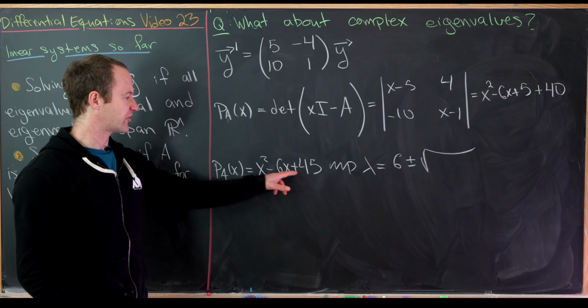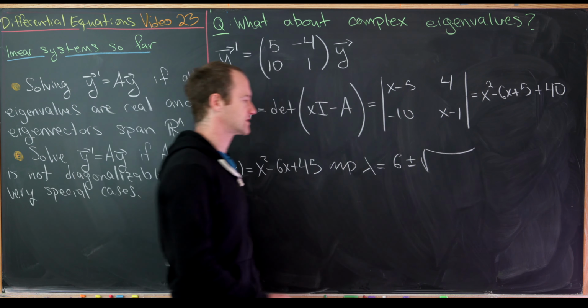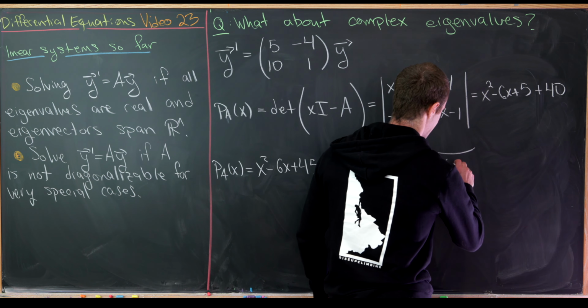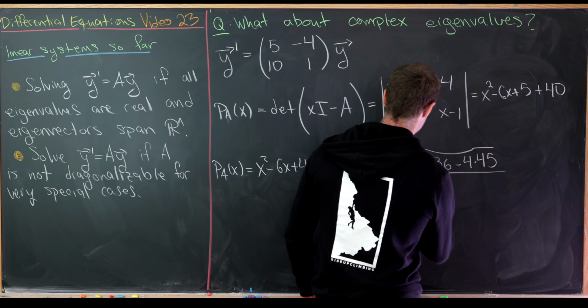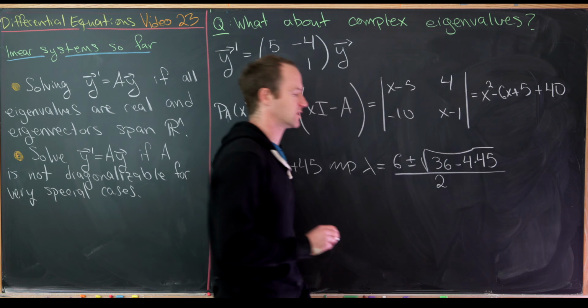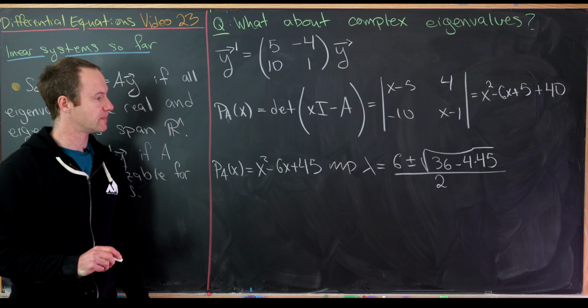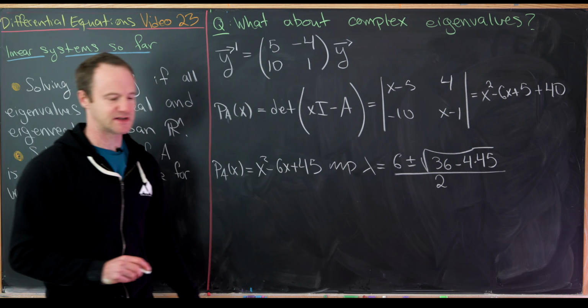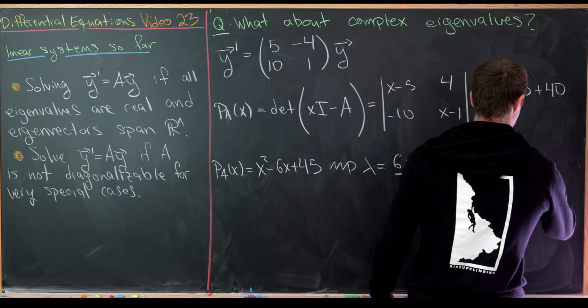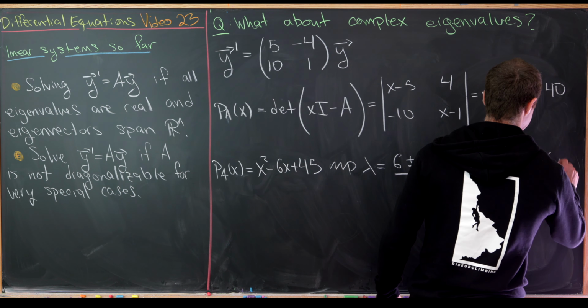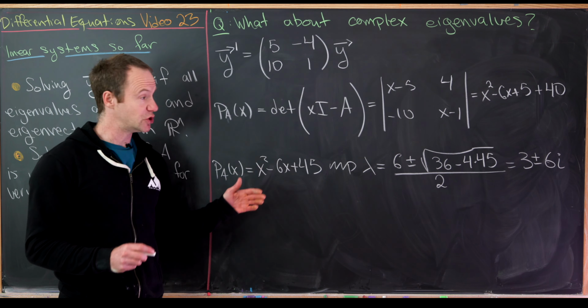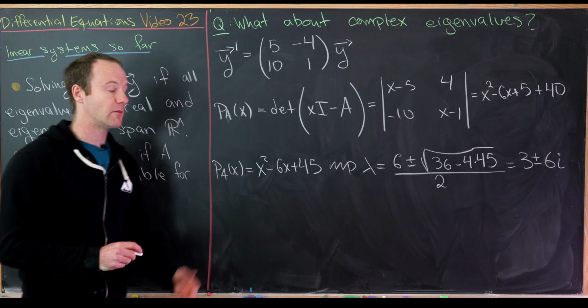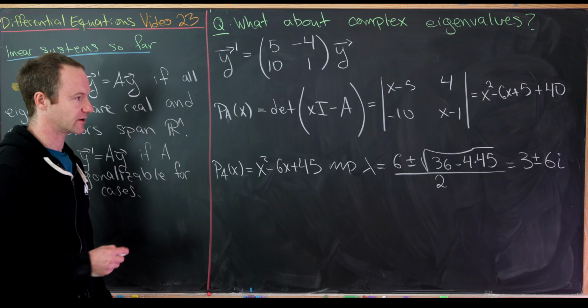That ends up being 36 minus 4 times 45, all over 2 times a, in other words just the number 2. I'll let everyone simplify this on their own, but what you end up with is 3 plus or minus 6i. So we've got our two eigenvalues, but they're complex conjugates of each other.